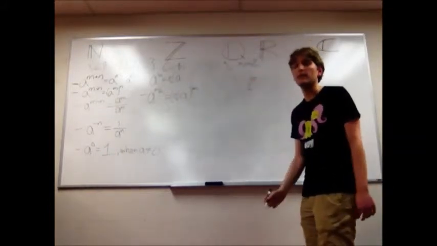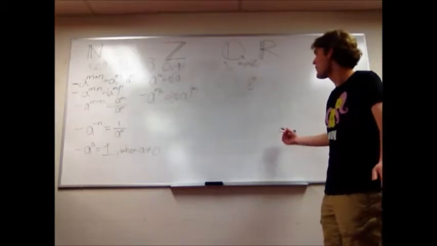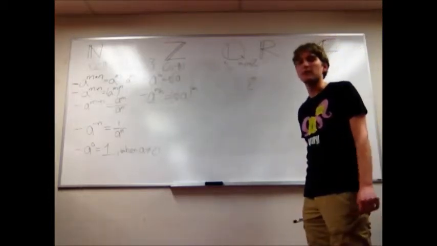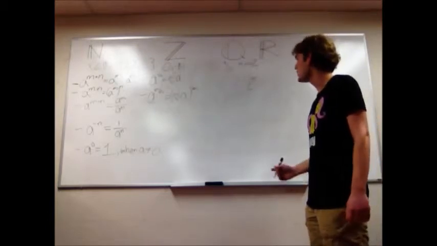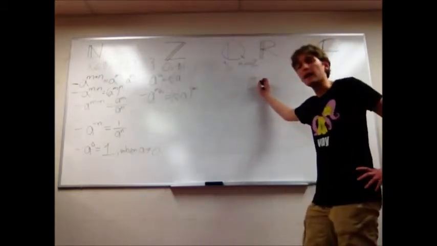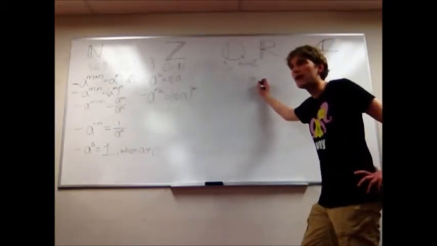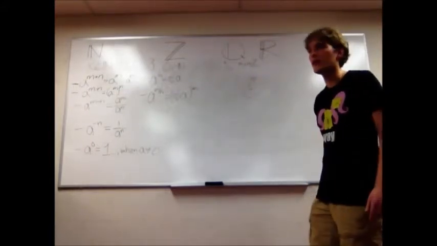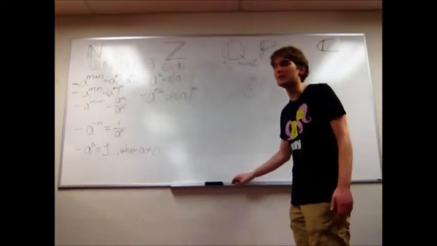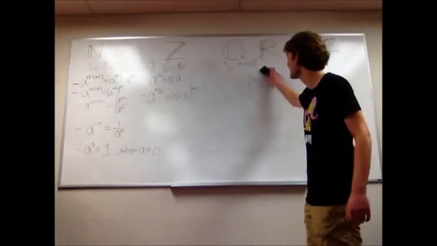What does that mean? I have no idea. How do I multiply something by itself an irrational number of times? The answer is obviously you can't. We don't even know what the exact value of pi is, so trying to find an exact value for this thing itself is impossible using exponents.